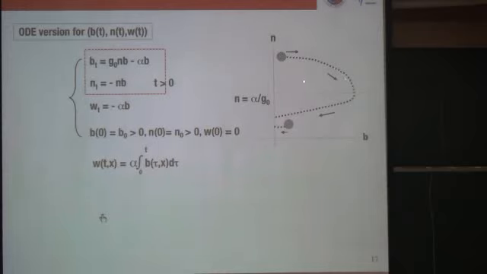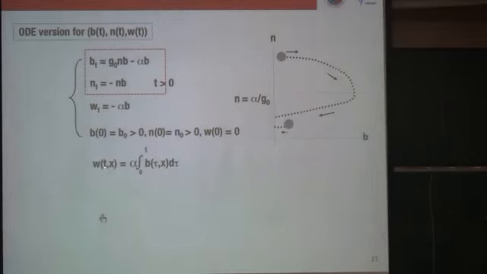That's why at some time they cross this line, and then B becomes decreasing, like this. Then we can get B tends to 0 and N tends to some constant. This is just analyzed by using phase plane analysis.